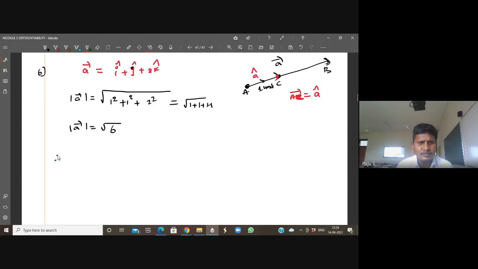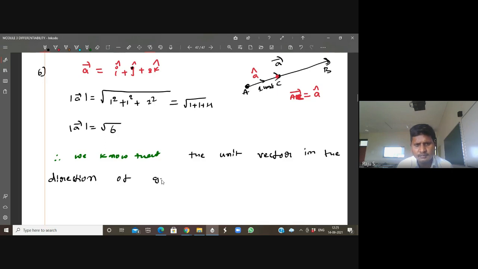Therefore, we know that the unit vector in the direction of the given vector, that is the vector a, a cap, is equal to vector a by its magnitude.